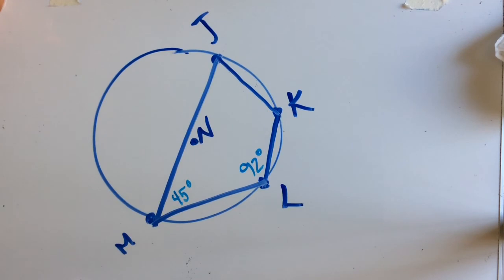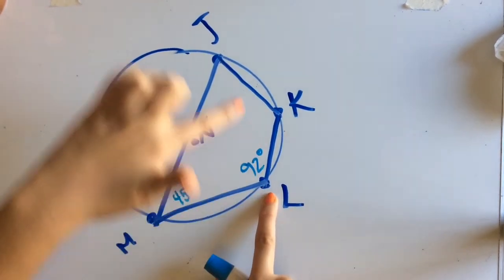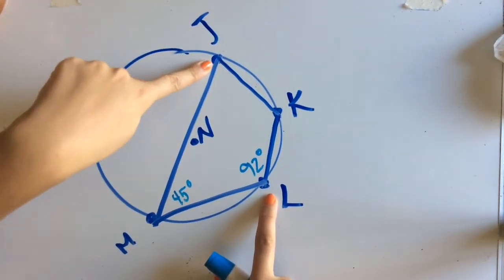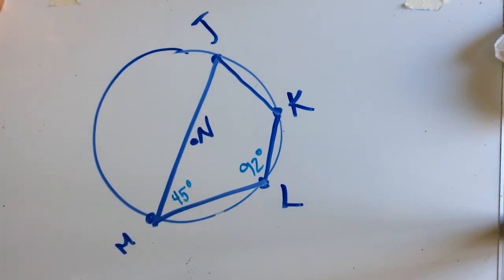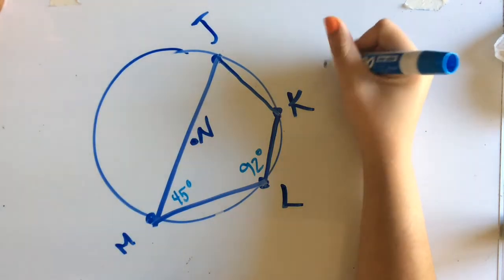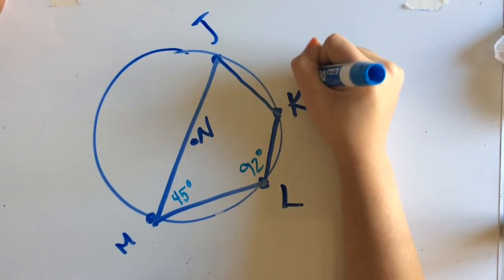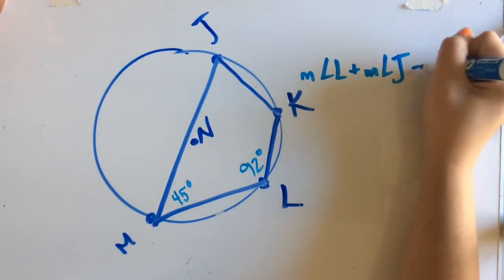What quality do inscribed quadrilaterals have is that the opposite angles add up to 180. So I'm going to look at angle L because that's one of the angles that I know. I'm going to look for the opposite angle of angle L. That's angle J. Since they are opposite angles, if I add them together, they will equal 180 because they are supplementary. So I know that the measure of angle L plus the measure of angle J is equal to 180.